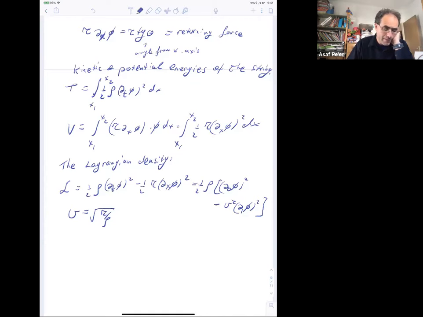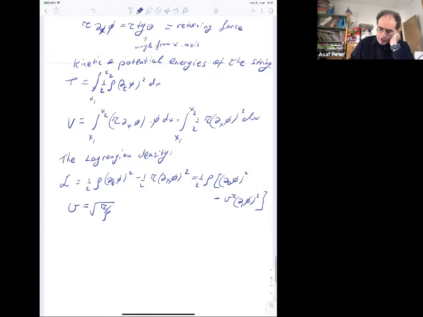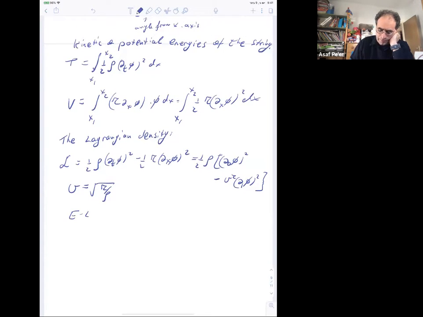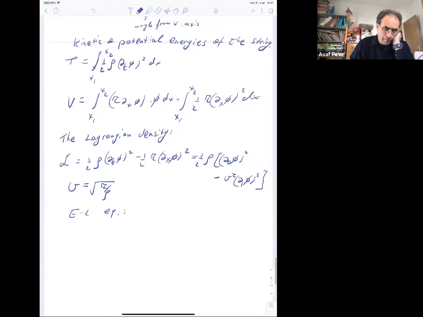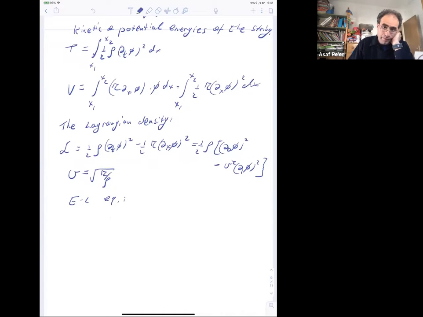And what would be the Euler-Lagrange equation? Rho d0 of d0 phi minus rho v squared d1 of d1 phi is equal to 0.